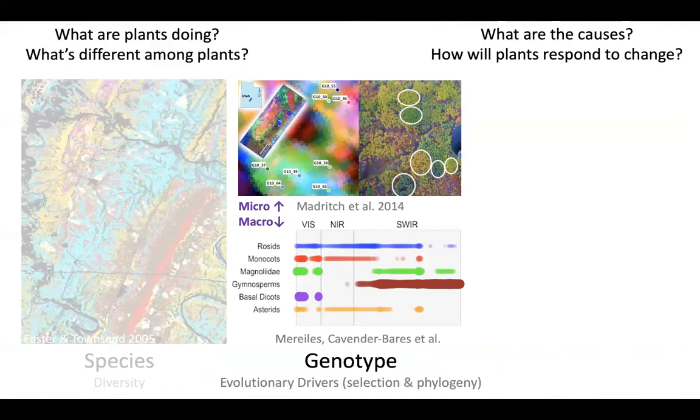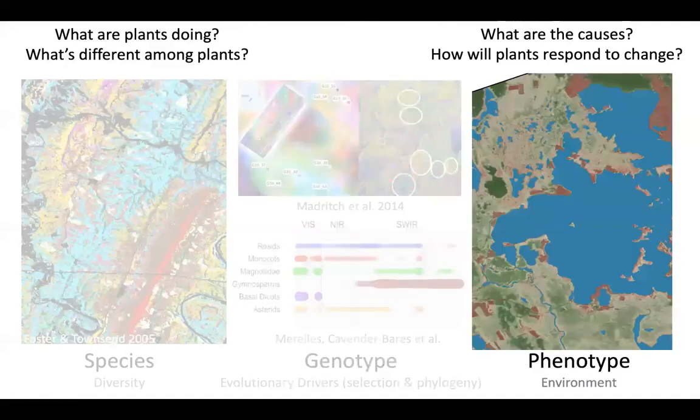I'm not even going to try to characterize what's going on in this, but this is really cool and important stuff, that the spectral characteristics of a plant have an evolutionary lineage that gets passed on. And this is the basis for why high throughput phenotyping and a lot of genetic researchers are interested in using this tool as well. And then there's the expression of what's going on in the environment.